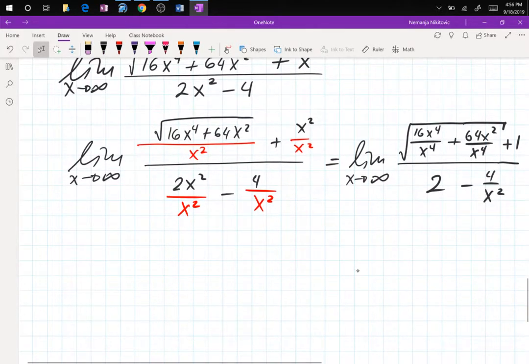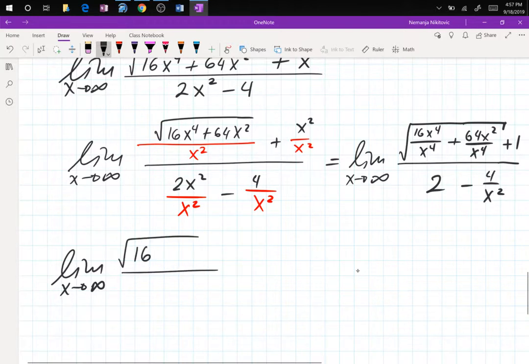One more step to simplify under the radical as much as you can. So limit as x goes to infinity, and now you have the square root of 16 plus 64 over x squared, plus 1, divided by 2 minus 4 over x squared.